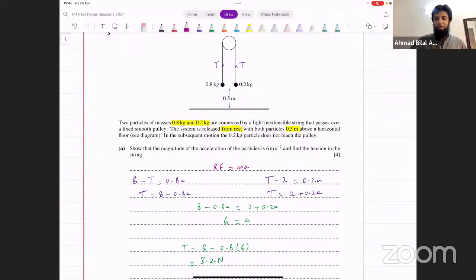When the particles move, this 0.8 kg particle reaches the ground at some point, and then it stays there at rest. Now, in the meantime, the other particle would have also moved upwards, and it would have come to some point around here. Okay, the same distance that the first particle moved downwards.